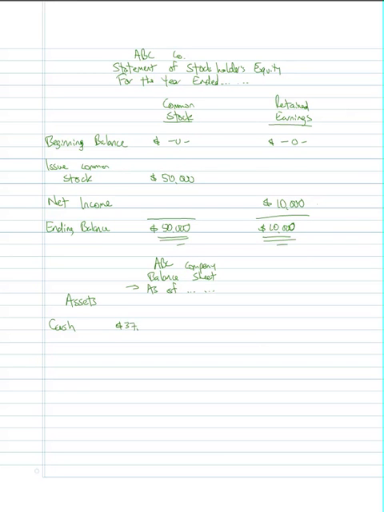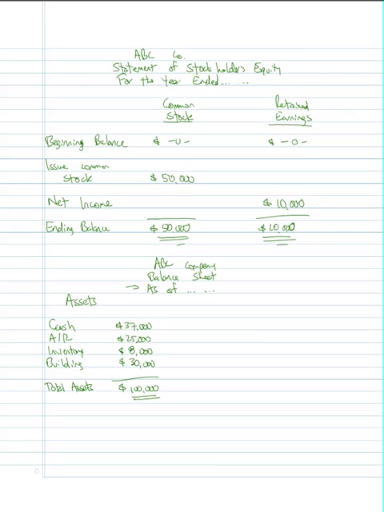We're going to pull these amounts off of our trial balance. Cash of $37,000, accounts receivable of $25,000, inventory of $8,000, and a building of $30,000 for total assets of $100,000.